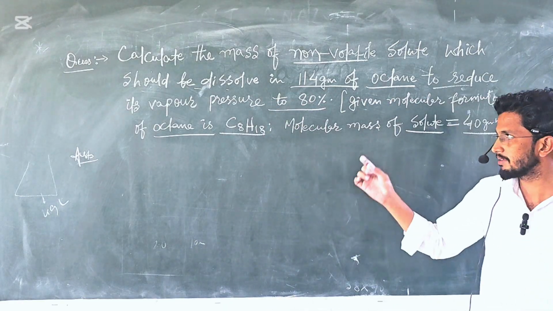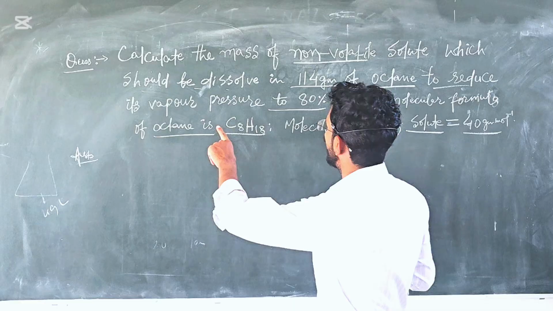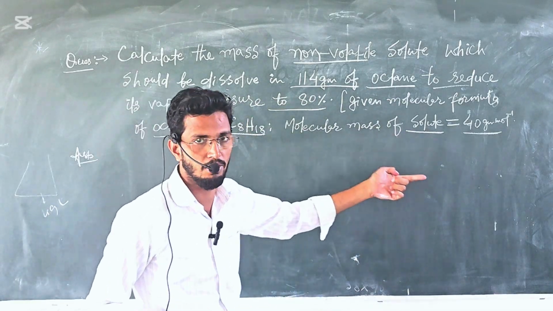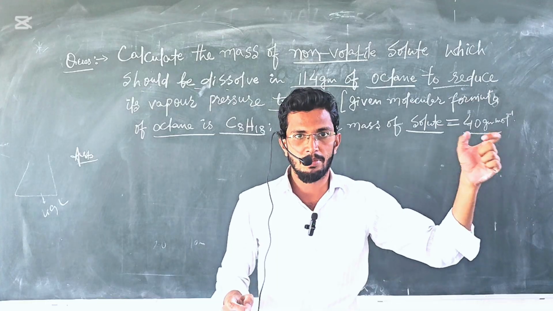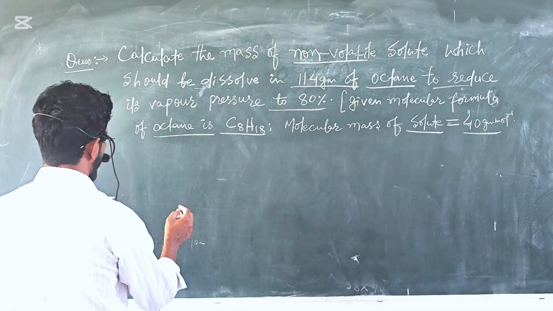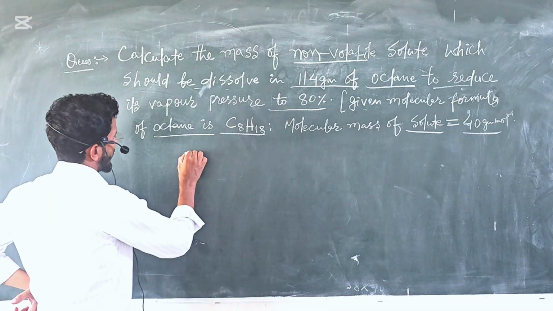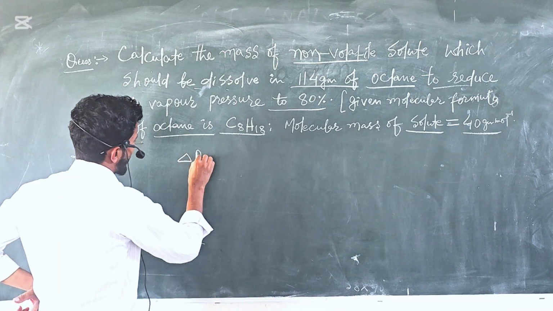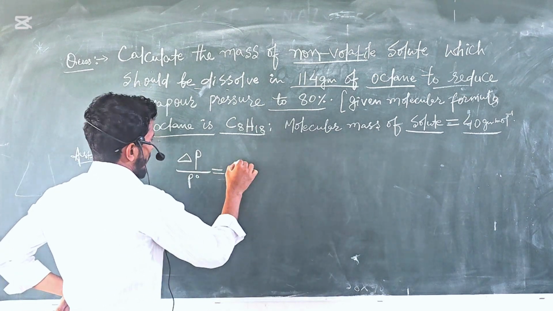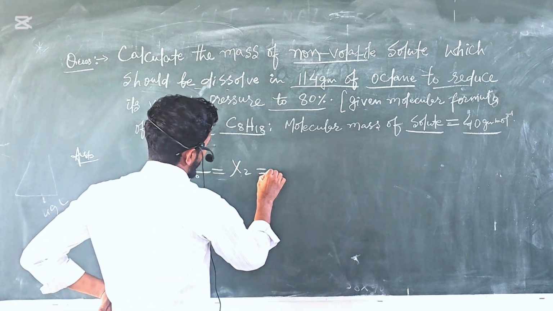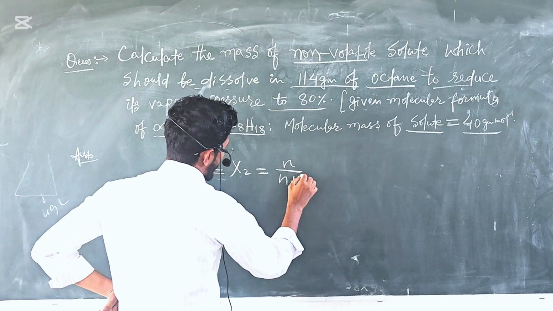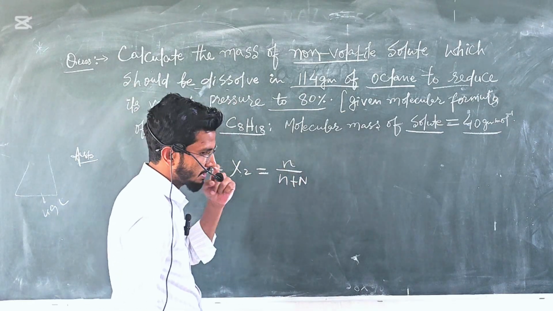How can we calculate? As we know, here it is given in terms of vapor pressure. In terms of vapor pressure, how do we calculate the molar mass or weight? By using the relative lowering in vapor pressure formula, the colligative property: delta P upon P naught is equal to x2, that is n upon n plus N. This is moles of solute upon moles of solute plus moles of solvent.